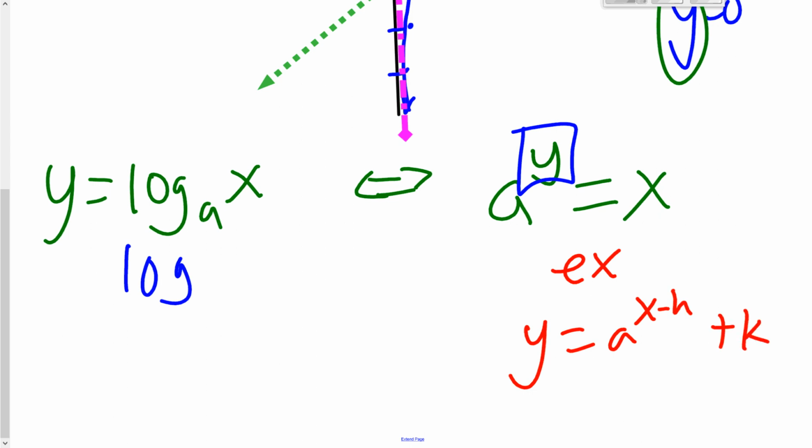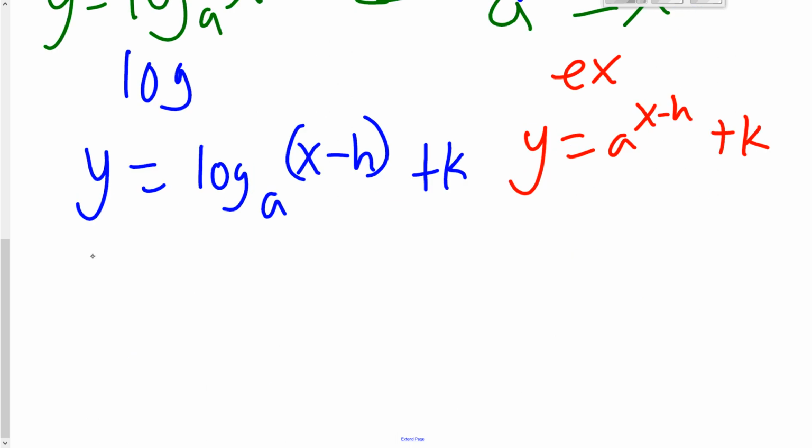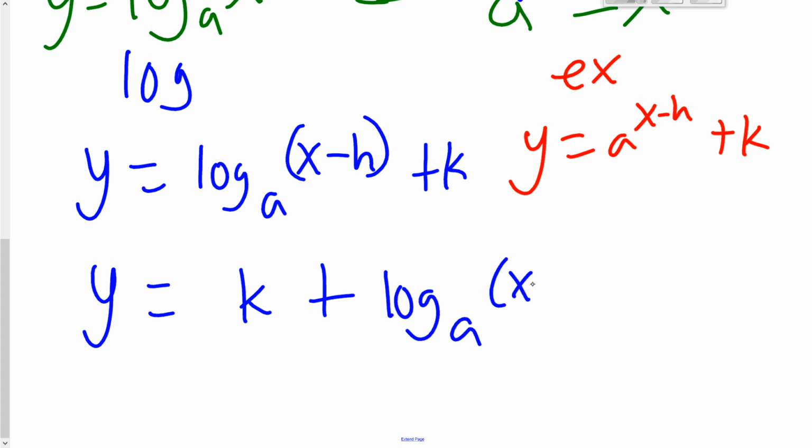Well, the log is very similar, where it is y equals log base a of x, but now we subtract h from the x, and that's what we're taking the log of, and then we add some number after we take the log. Or you could rewrite that as y equals k plus the log base a of x minus h.